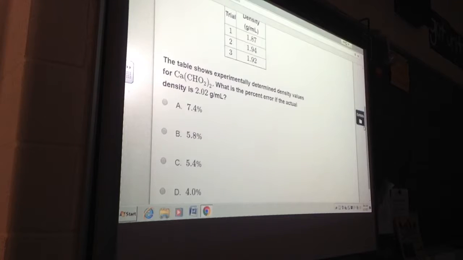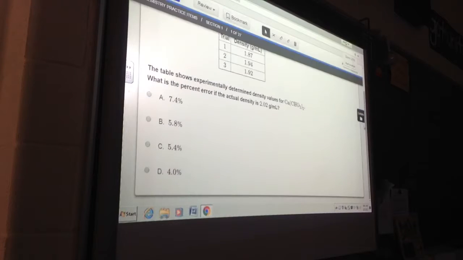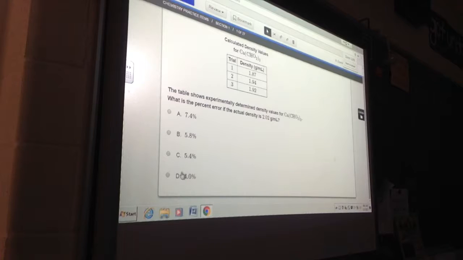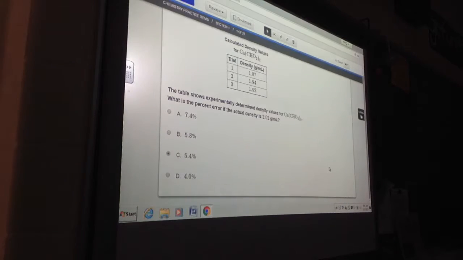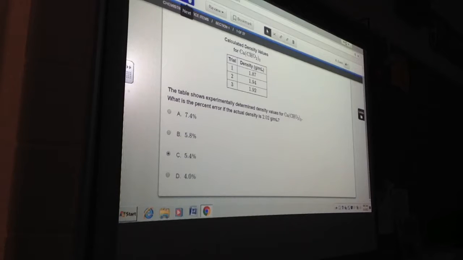They're obviously keeping one decimal place on this. So what do we get? 5.4, which is C, yes? Troubles? Awesome. All right, moving to the next question.